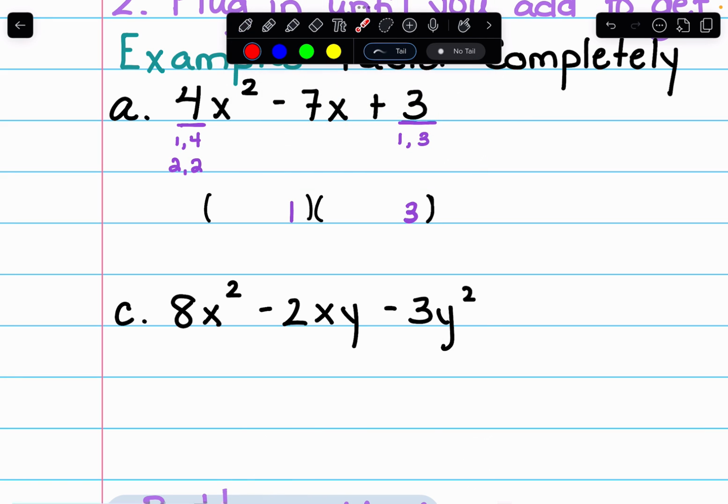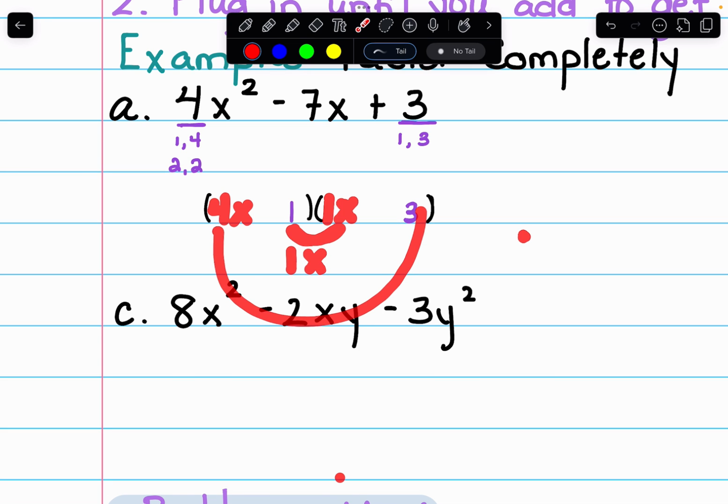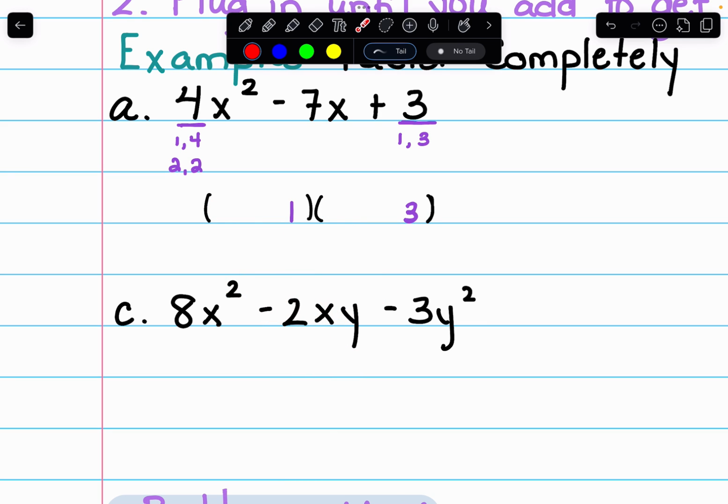If I put 4 here and 1 here, I wouldn't get it, because here's how I check. Multiply, 1x, 12x, add down, doesn't give me 7. But if I put 1x here and 4x here, and I checked it, 4x, 3x.